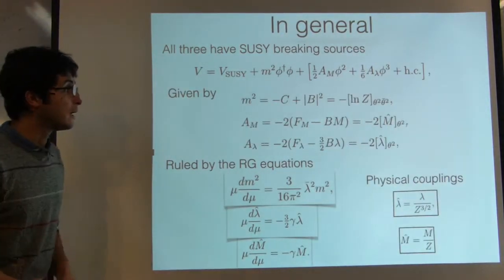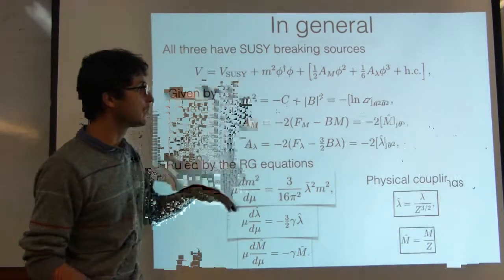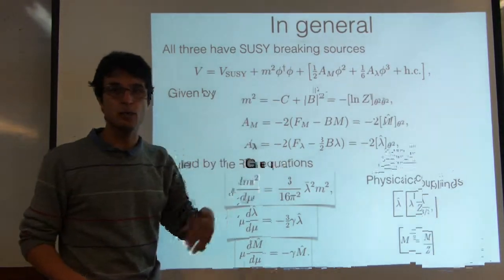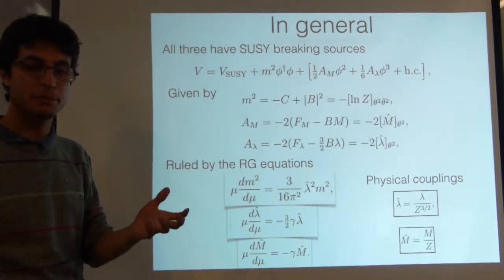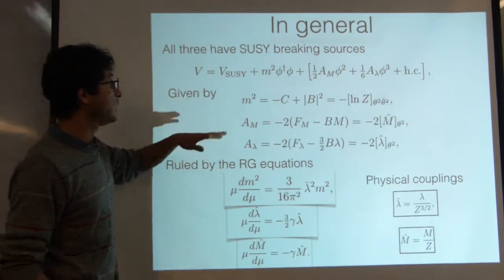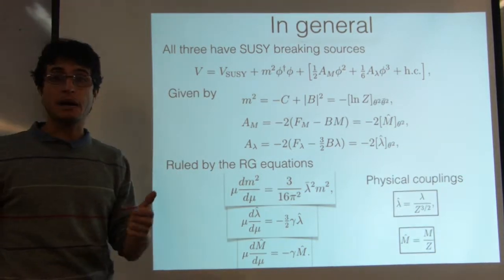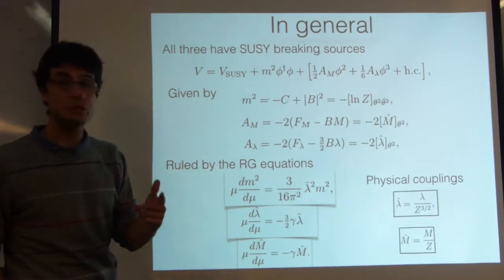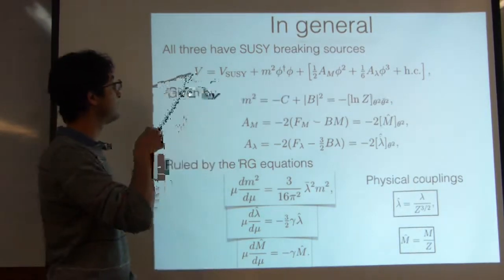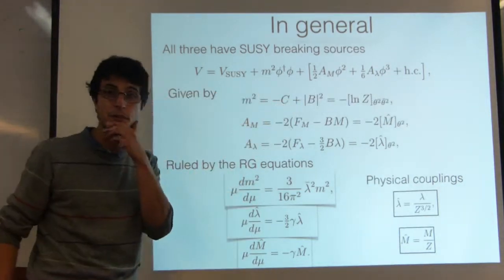Okay. However, notice that in general, not only Z, the wave function, will have a supersymmetry breaking term. Actually, also the mass term and the coupling can have these supersymmetry breaking terms, and we'll have a potential of this form.